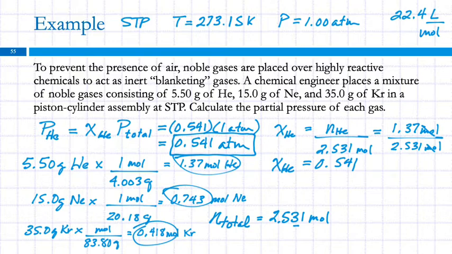How do I figure out what the other two are? Well, if I want neon instead, I'm just going to put in the moles of neon here, which was 0.743 moles.